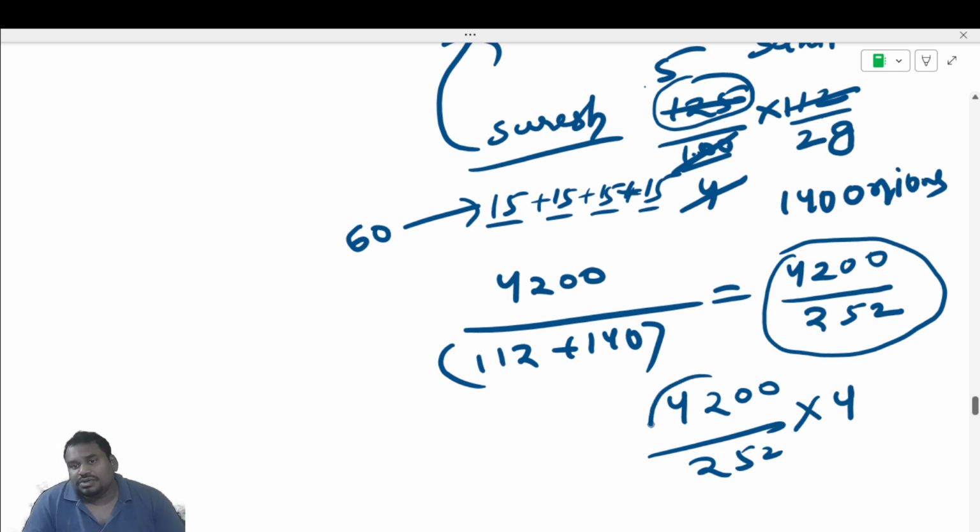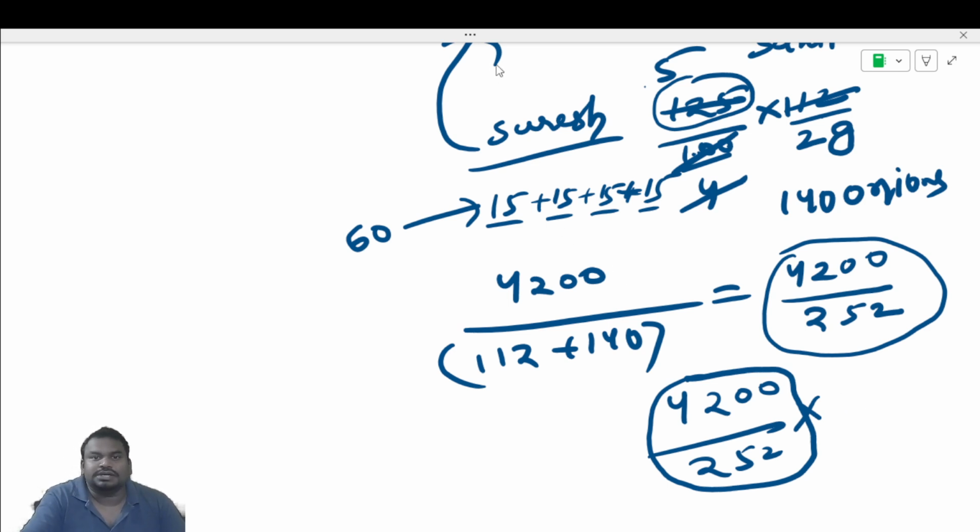So whatever amount you are getting is the number of 15 minutes. Okay, sorry, so then it should be divided by 4, not multiplied. See here, for 15 minutes they can cut 252.